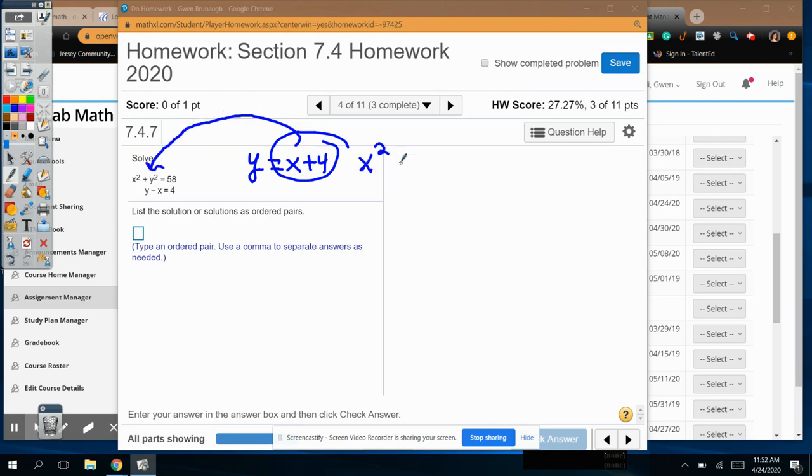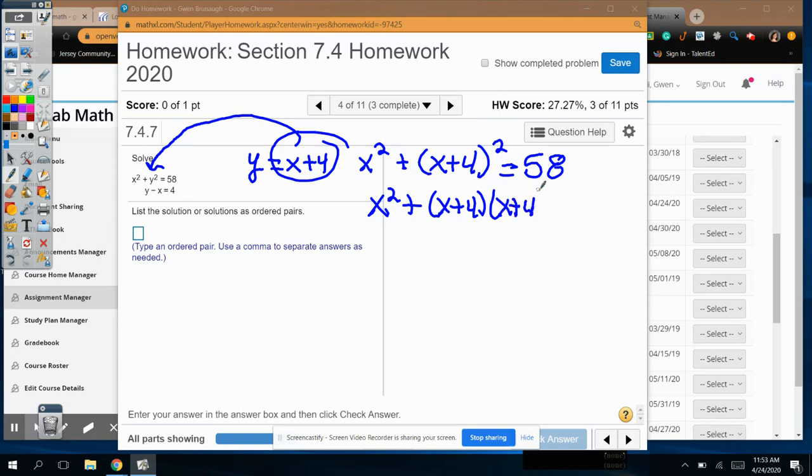So I'm going to get x squared plus (x plus 4) squared equals 58. X squared plus, you'll double distribute this, guys. So I have x squared plus x squared plus 8x, because it'll be 4x and 4x, plus 16 equals 58.